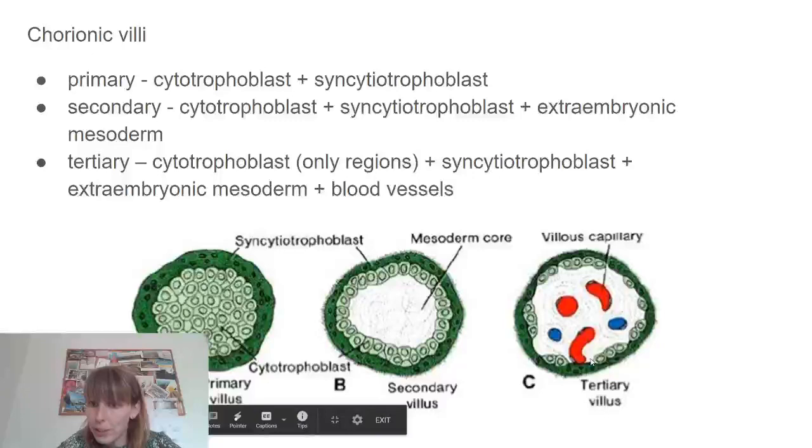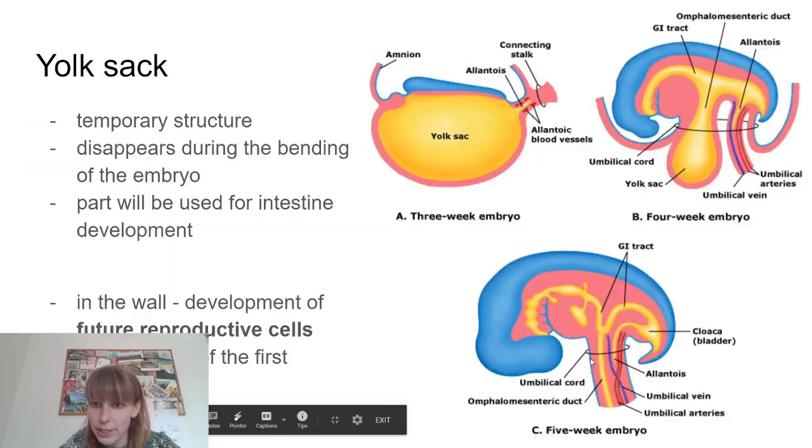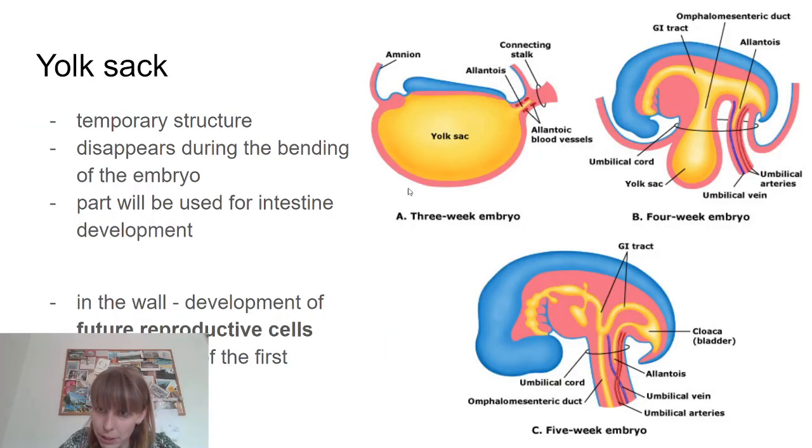So let's go back to the yolk sac here. This is where we are, and quite quickly this will change from one big sac to this kind of invaginated structure, which will become part of the embryo.